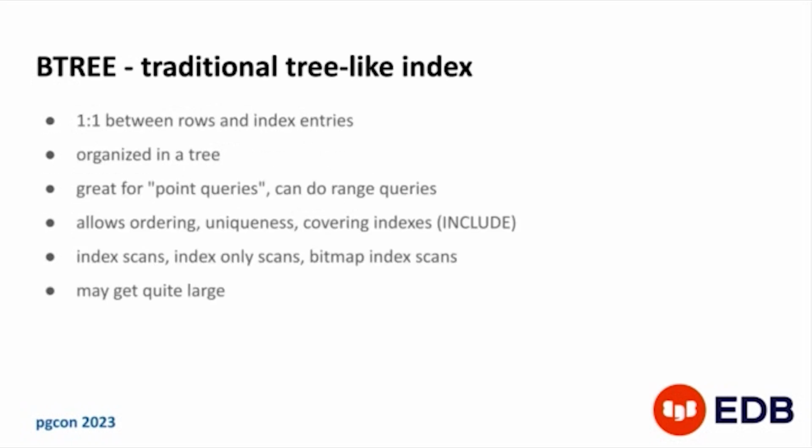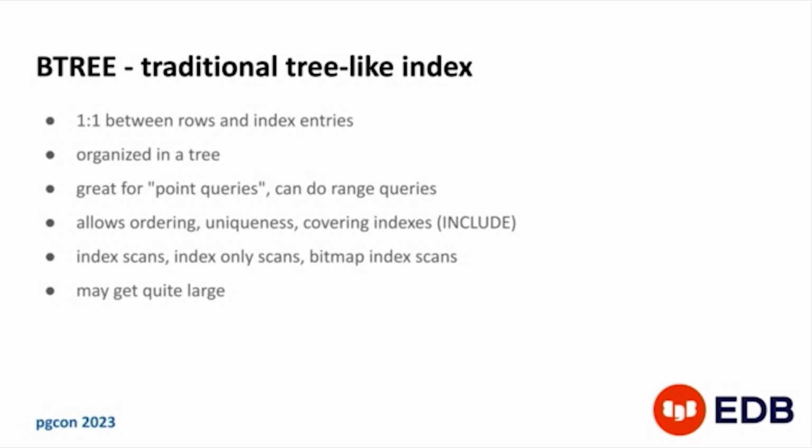So I promised I will briefly explain what BRIN indexes are, but I will do that by first explaining what BTREEs do, right? BTREE is the original classical index in most databases. It's a tree-like structure. And what is important to notice is that there is a one-to-one mapping between index entries and the rows in the original table, right? So if you are inserting a row, you will end up with one entry on the leaf page in the index, right?